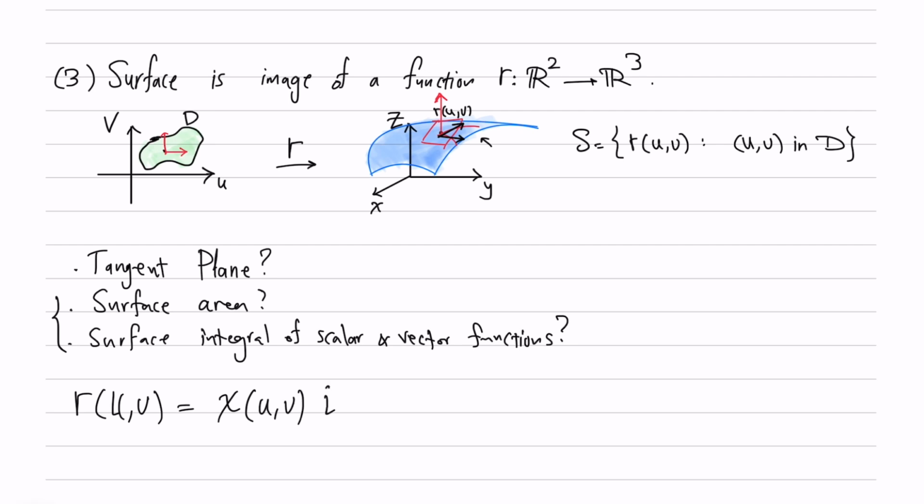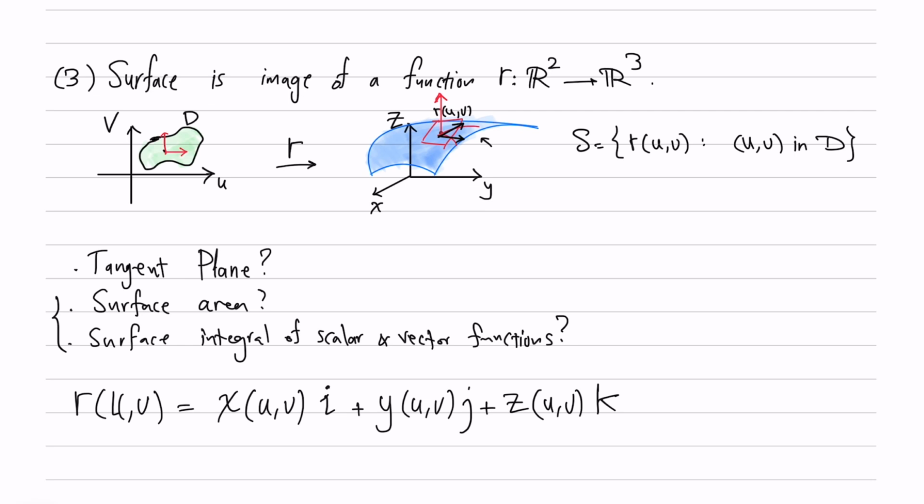So it's a function of (u, v). And then the y component of the image is a function of (u, v). And the third component, similarly, is a function of (u, v). So we can write any such function this way.